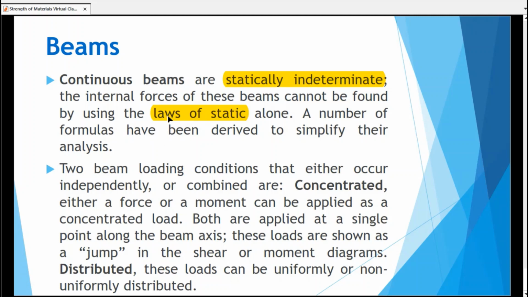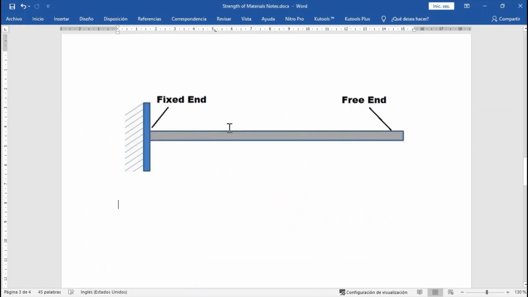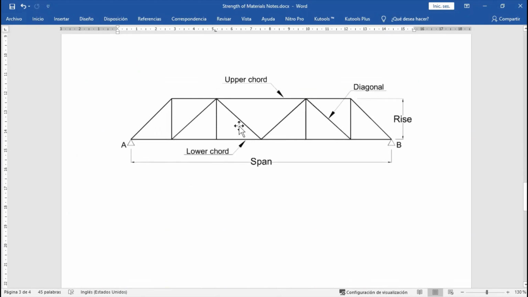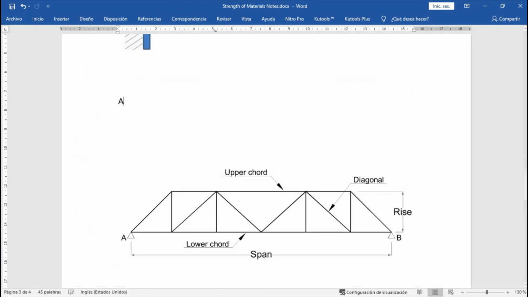So, before continuing, let's check an example of continuous beams, right? Look, this is what we call a truss, okay? In Spanish is armadura, but we're not talking about the body armor, for example.